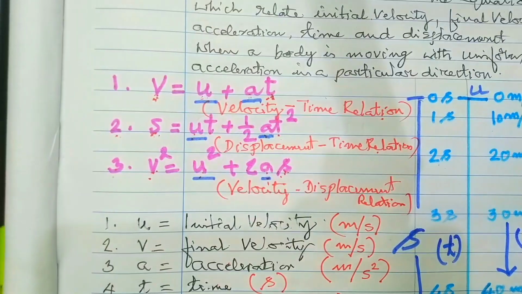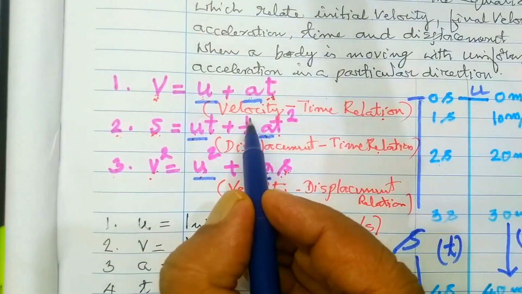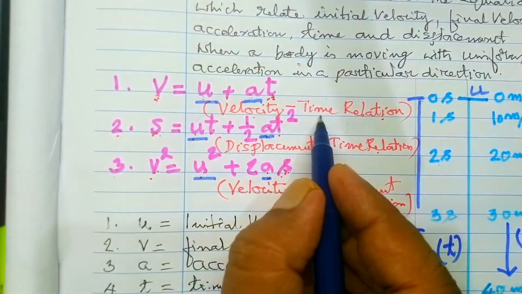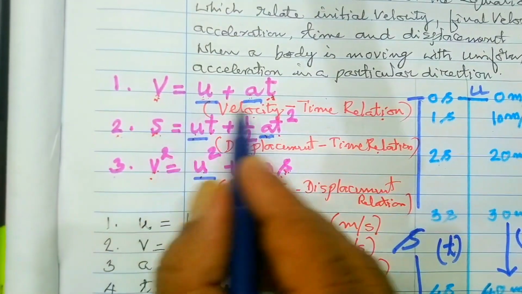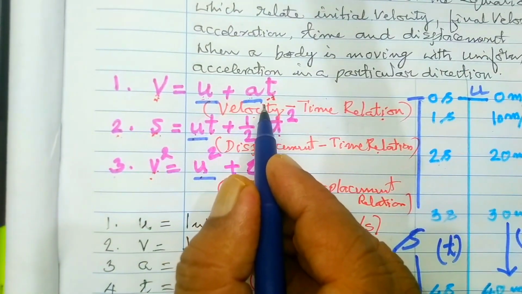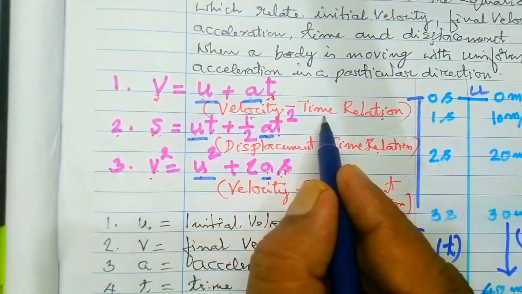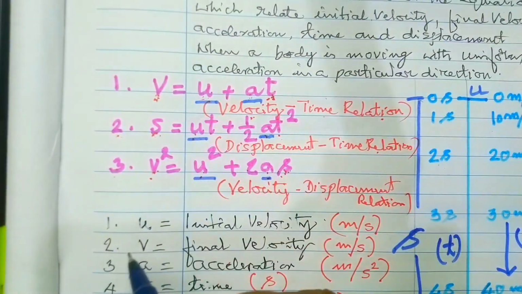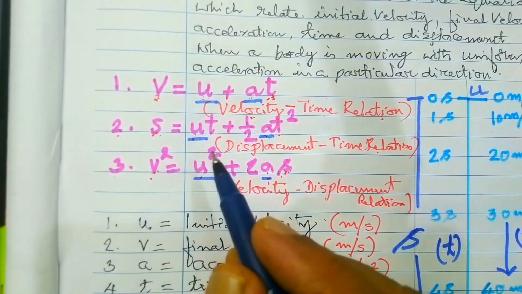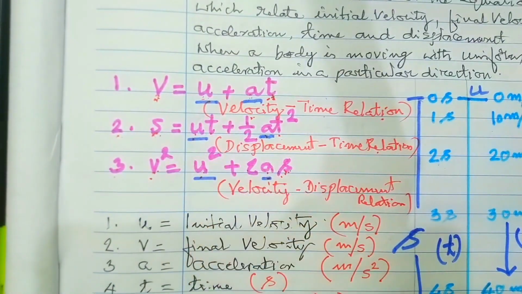They will ask you to derive the relation between velocity and time. Otherwise, they may give the direct equation; if so, no problem. But if they give the velocity time relation, you have to identify and derive it. In the next video, we are going to see the derivation of all these 3 equations.